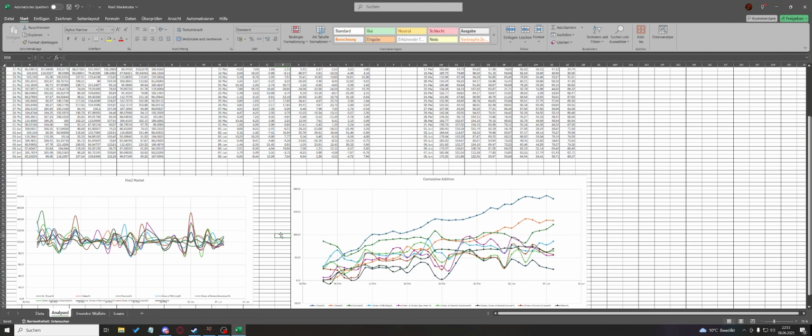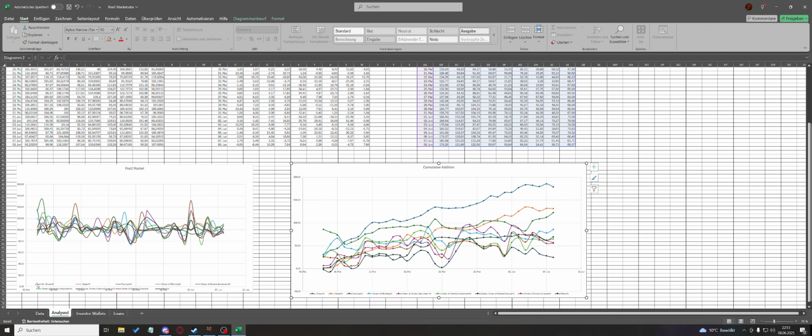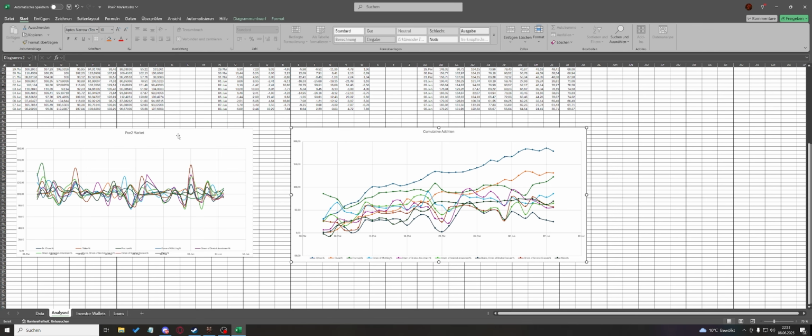If you open this Excel document, I recommend that you download it and then look at these two graphs. This is a short-term development graph and this is a long-term development graph. Of course, you'll have to click at this tab down here where it says Analyzed, and then you can see them.